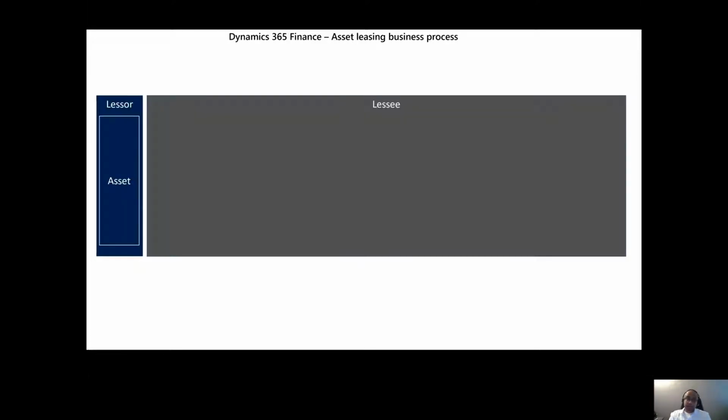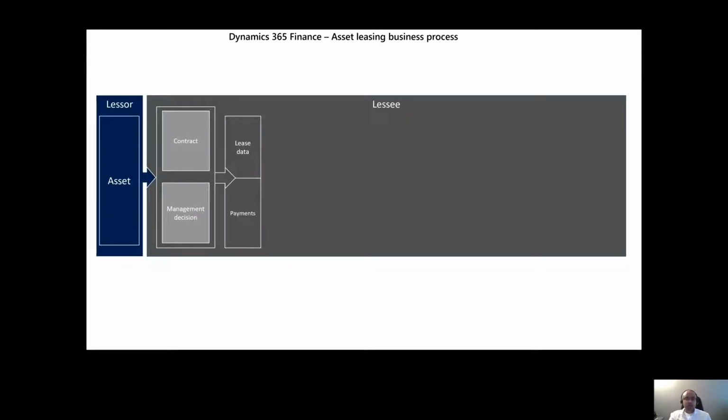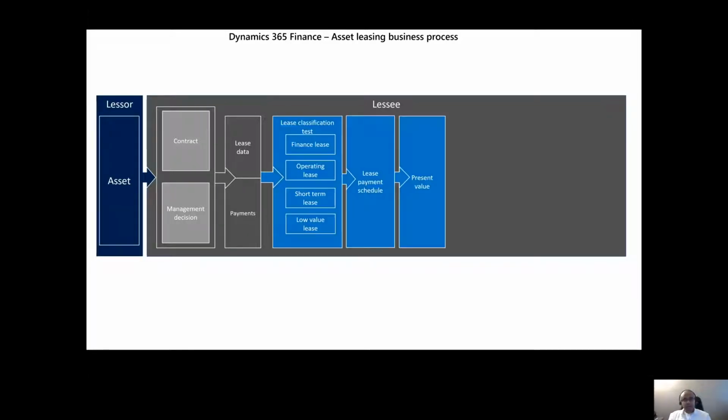Then we are moving to the asset lease posting business process. So we have a lessor who owns the asset, and you agreed with the lessor or the landlord to lease the equipment or the building. So you will have the contract and then the lease data: the commencement date, if there are incentives, dismantling cost, and so on, and the payment.